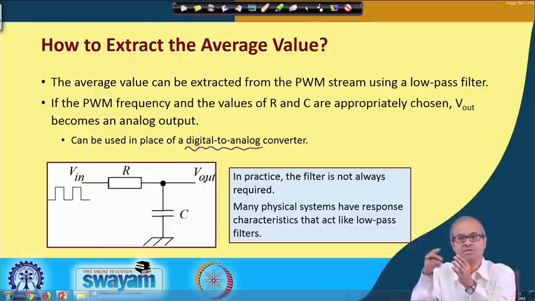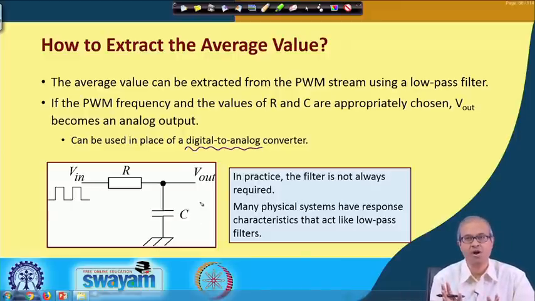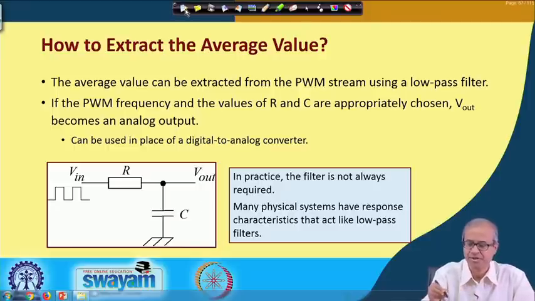There will be some electronic circuit, there is an input impedance and there is often a built-in low pass filter in the input stage. So, this external low pass filter is often not required. This PWM pulse waveform you can directly apply to the device you want to control, and the low pass filter in the input stage will automatically extract the average value, and based on the average value, whatever you want will be done.